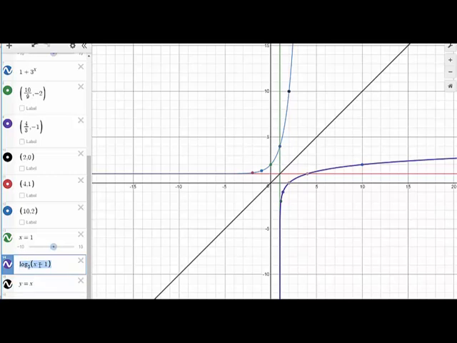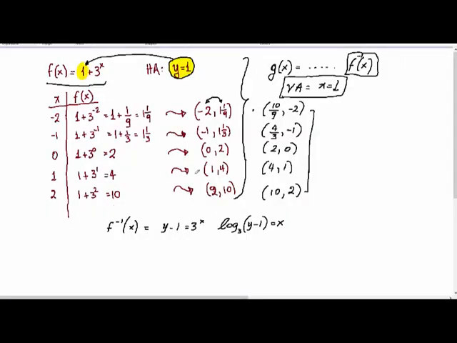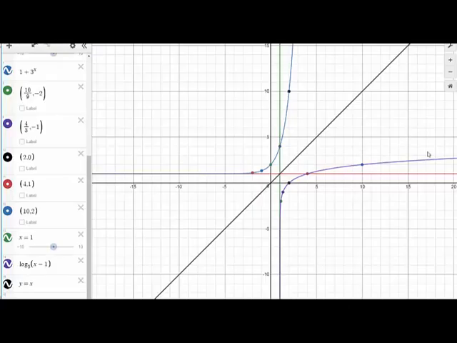The only thing that you want to do is find the table of points for the initial function, reverse them, change the horizontal asymptote to a vertical asymptote, and graph those points and connect them. And the answer that you will get is the purple line right here, that is the logarithm with base 3 of x minus 1.